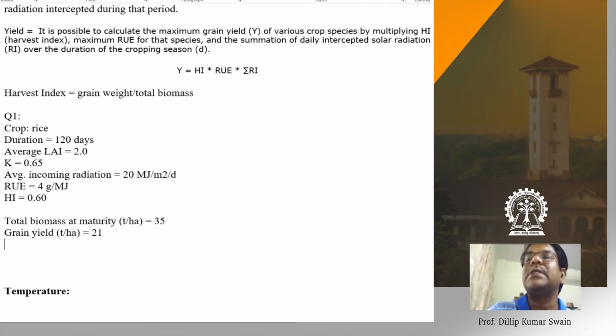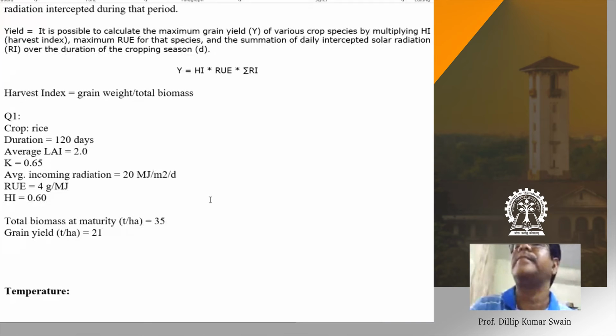Harvest index means the amount of grain weight you get from the total biomass. Total biomass includes your leaves, stem, straw, everything. Grain is one part and the rest comes as another part. Then you get the harvest index.